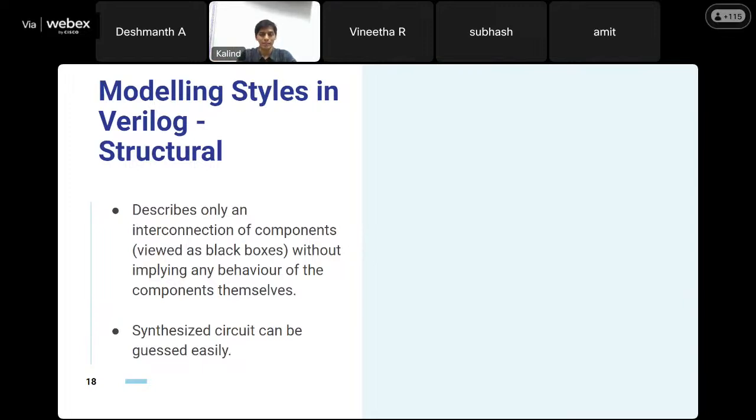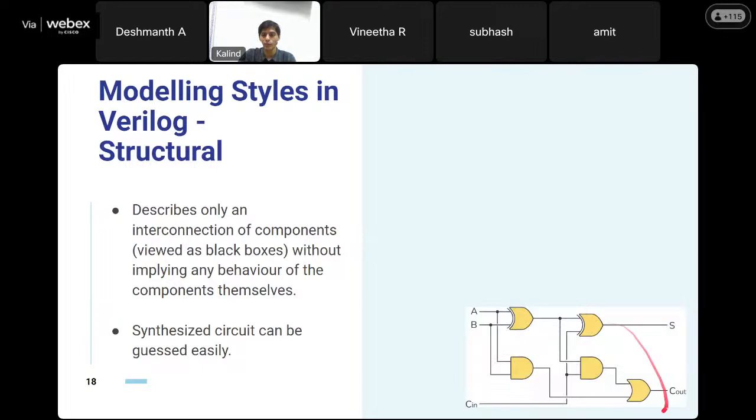I know it is not very clear, but I'll take an example. Let's take the example of this full adder. I hope you would know this logic circuit of a full adder, if you have seen it. You have inputs A, B, and carry in, and you have two outputs, sum and C out.